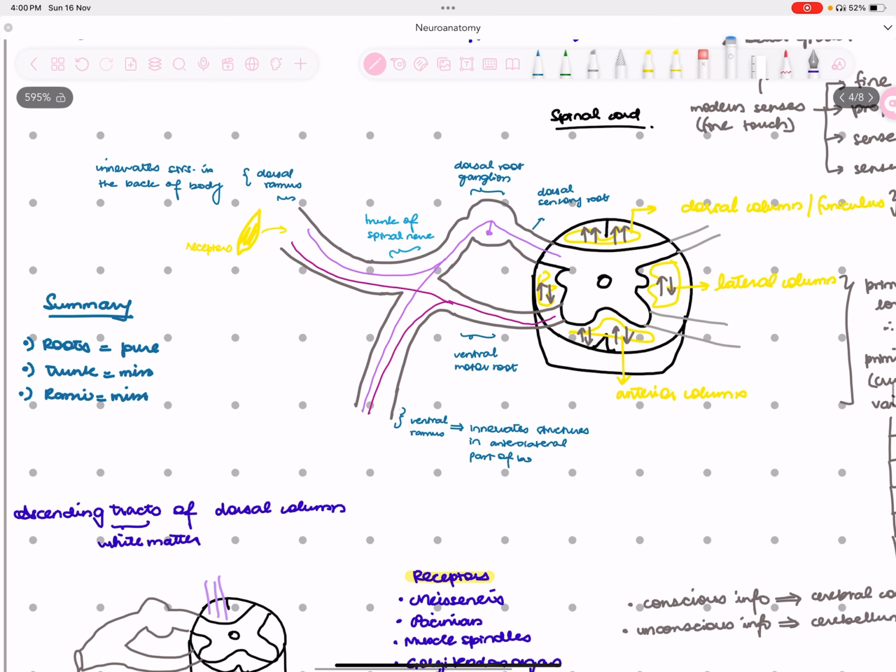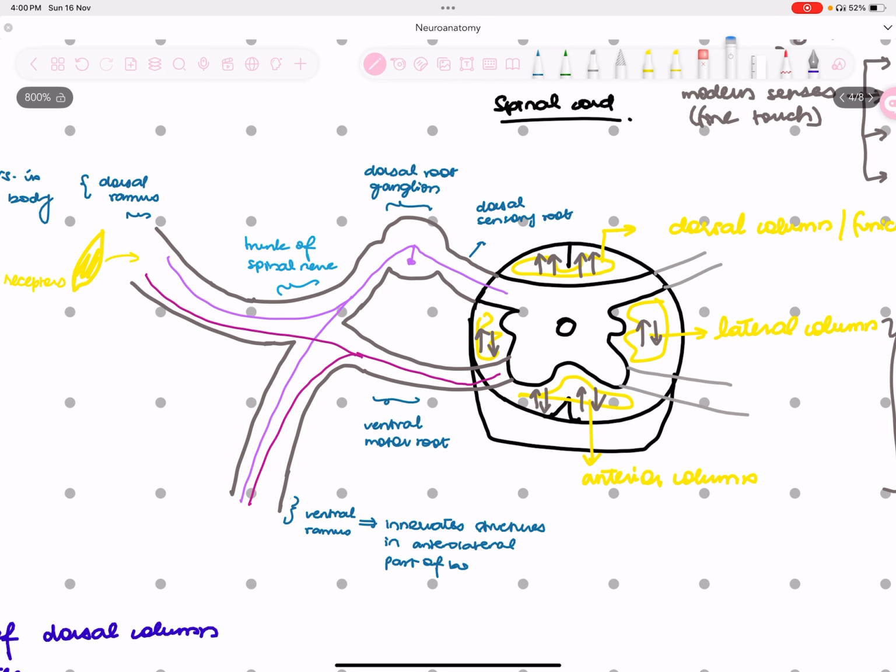Now, before diving deep into the tracts, it's very important for you to know the structure of the spinal cord, and it should be at your fingertips. In the spinal cord, the gray matter resides on the inner side, and the outer area is covered by white matter. The gray matter has a posterior gray horn, an intermediate or lateral gray horn, and an anterior gray horn.